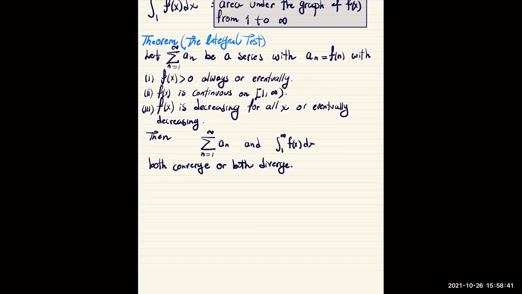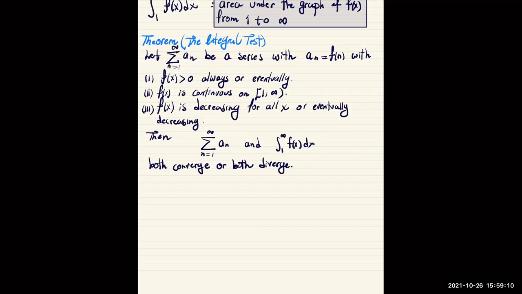But there are other tests, like the comparison test, ratio test, root test, that are designed to see what happens to a series. It's easier to see what happens to that than that. So in reality, this theorem is used to see what happens to an integral using a series, but we are using it the other way around.